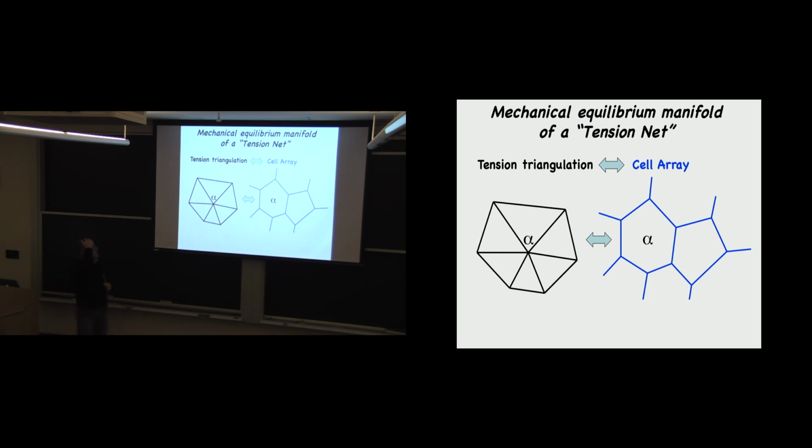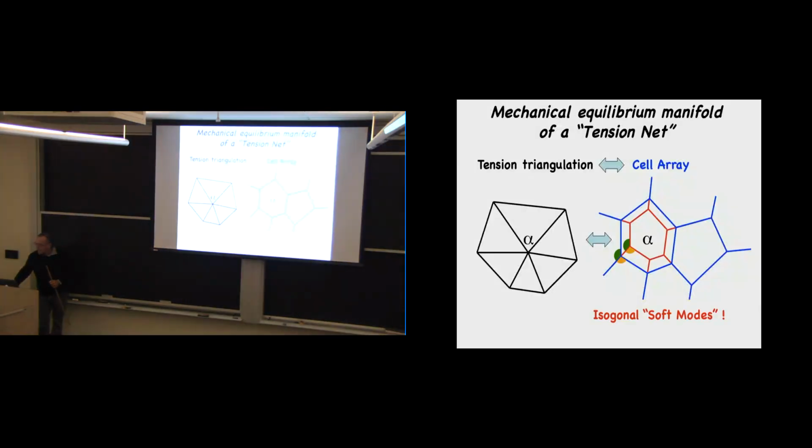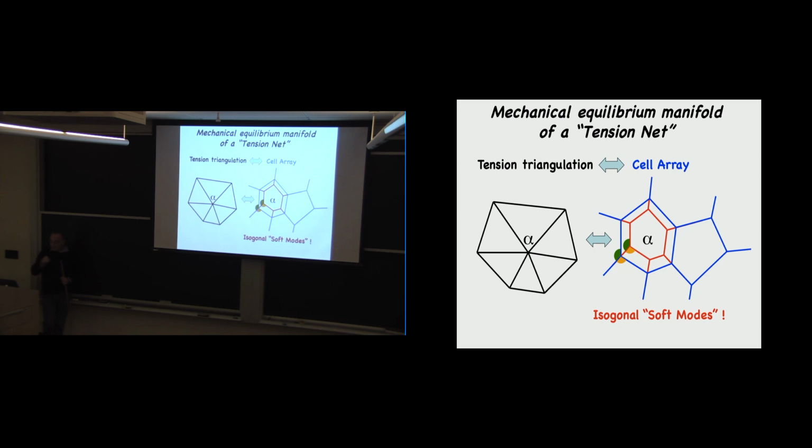So hopefully I just convinced you that a cell array corresponds to a hidden triangulation of the corresponding tension space. So for a given tiling, we can construct the triangulation. But it actually turns out that going in the opposite direction, the mapping is not unique.